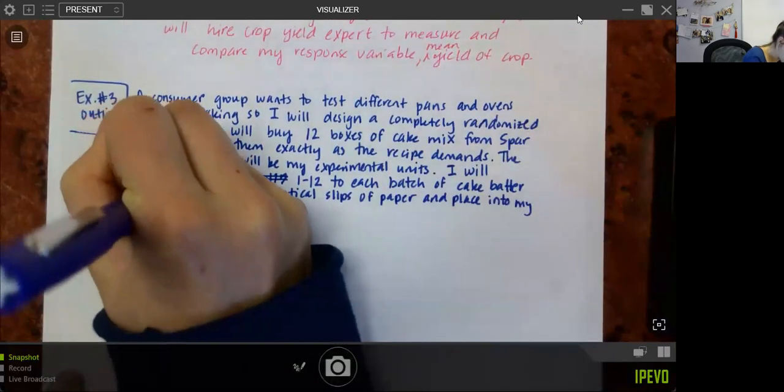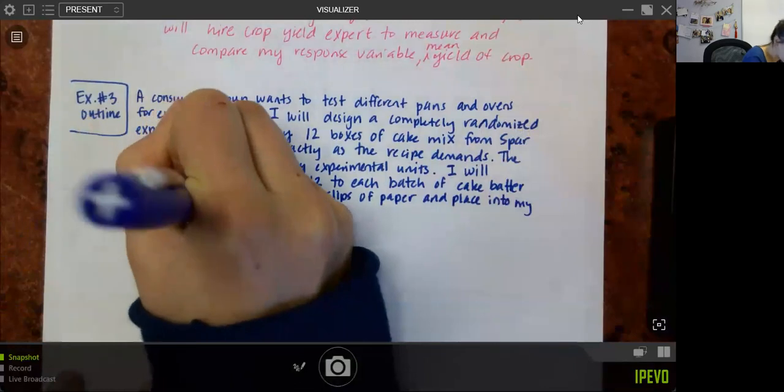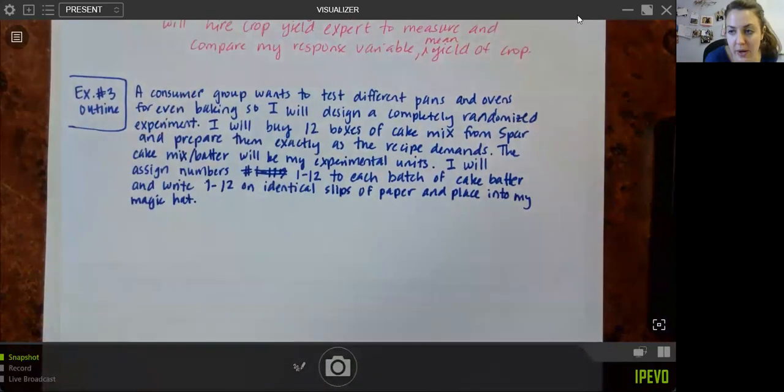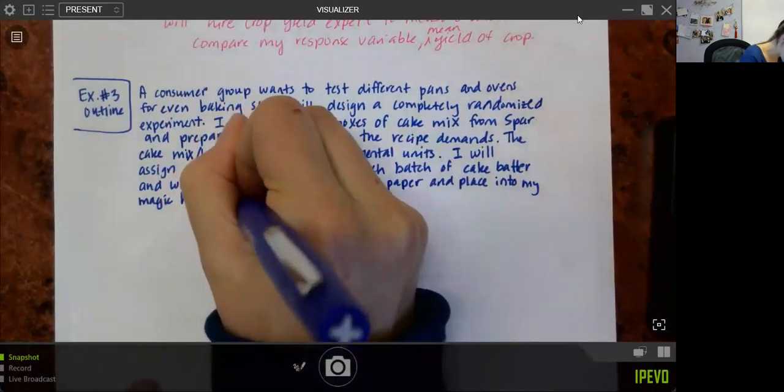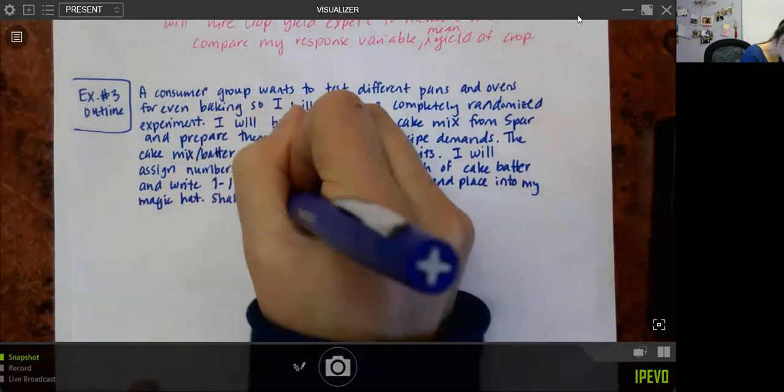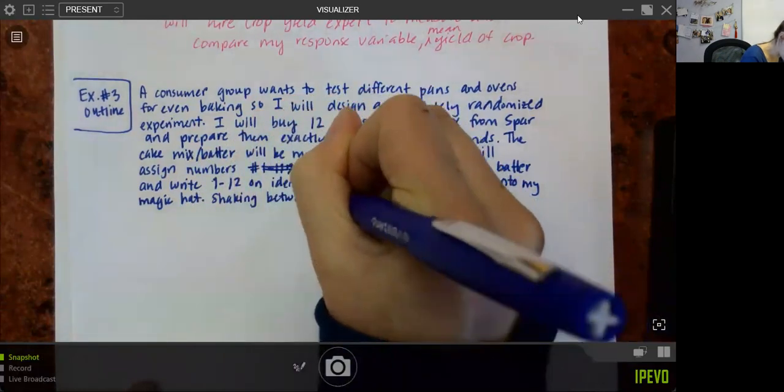Now, this is where you could use any of the kinds. If you want to use randInt, if you want to use a random number table, use whatever you want. I'm just going to do magic hat, shaking between each draw.